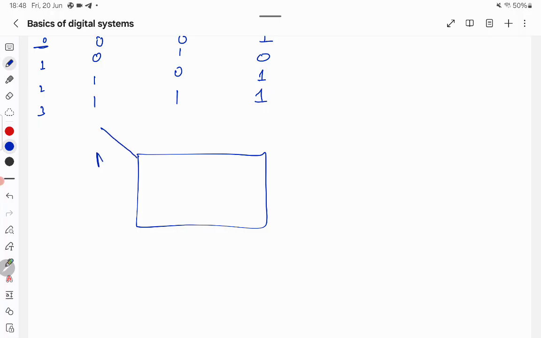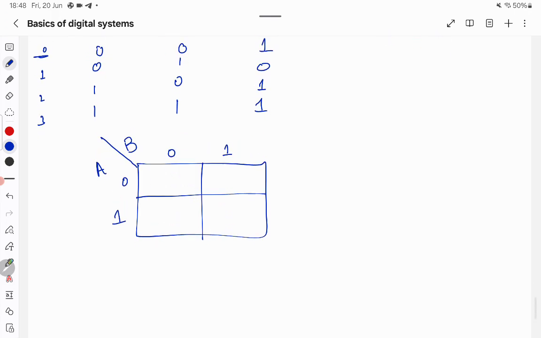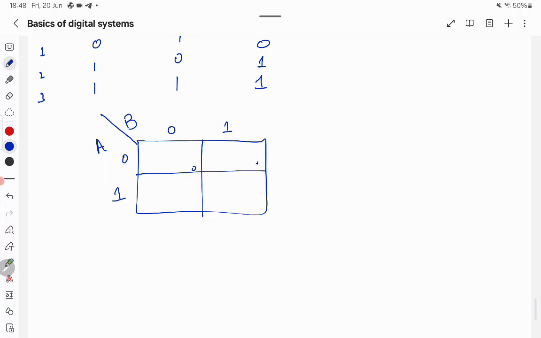So we have two inputs a and b here, and these are binary variables 0 and 1. Name the cells 0 1 2 3. At 0 the function is 1, at 1 it is 0, at 2 it is 1, and at 3 it is 1.